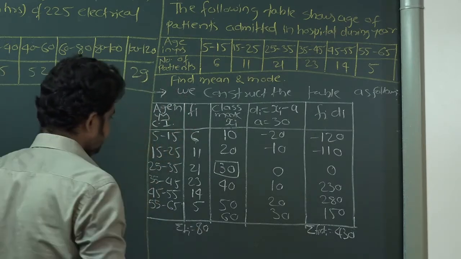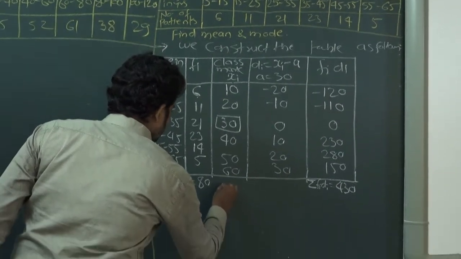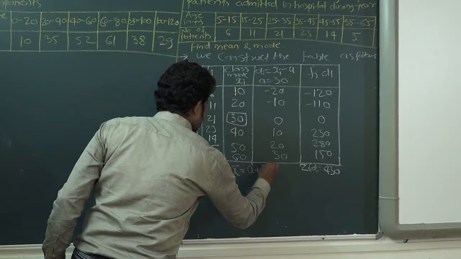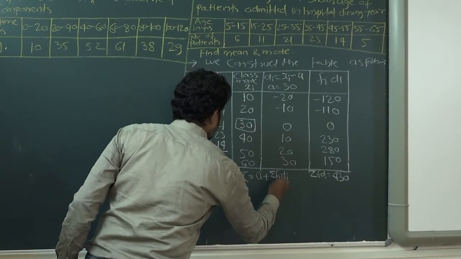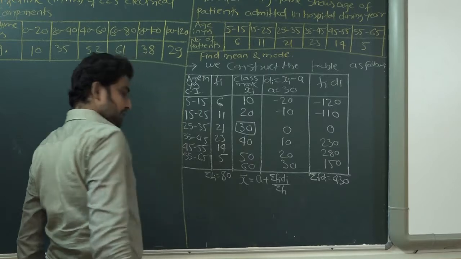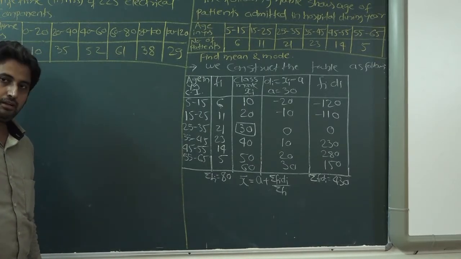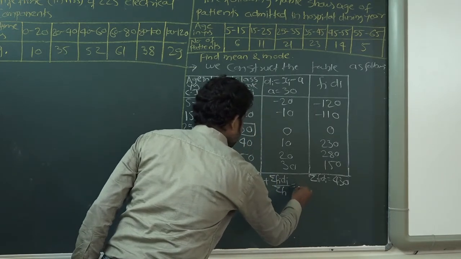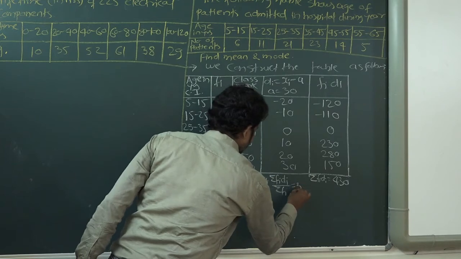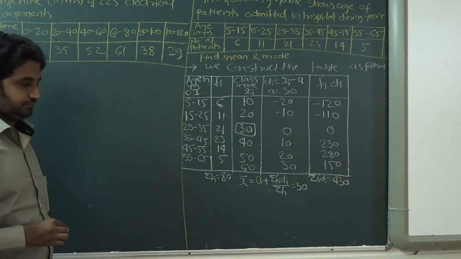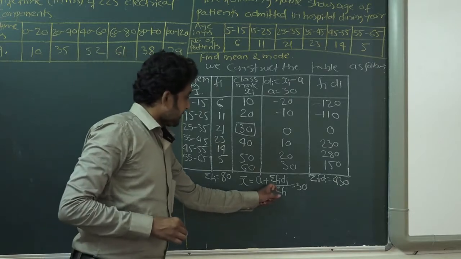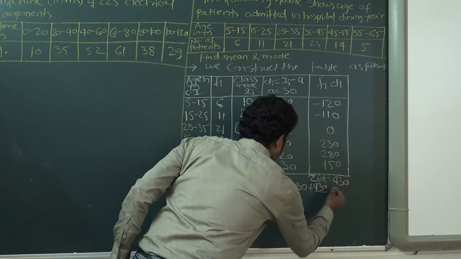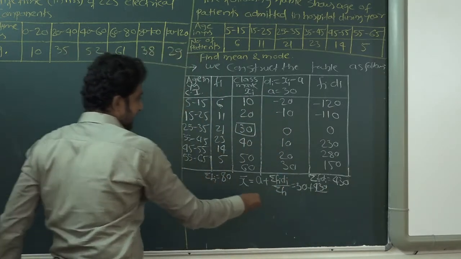Now, here the mean x bar is given by A plus summation of fi di upon summation of fi, that we know. Now, what is A? A is this 30. Summation of fi di is 430 upon summation of fi is 80.